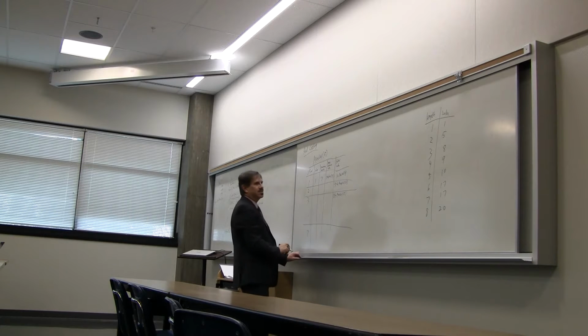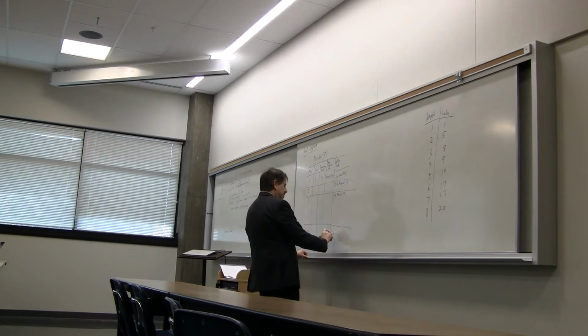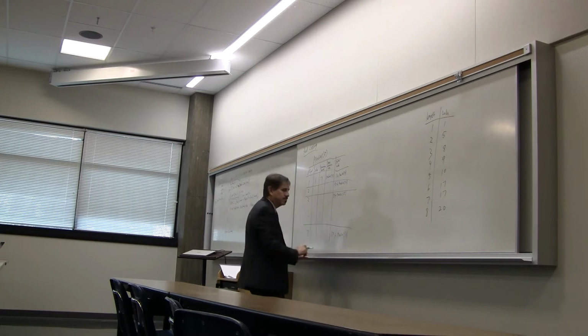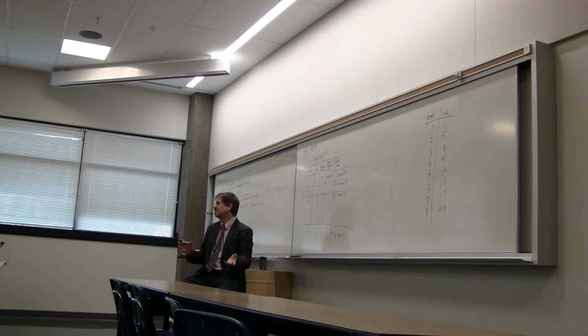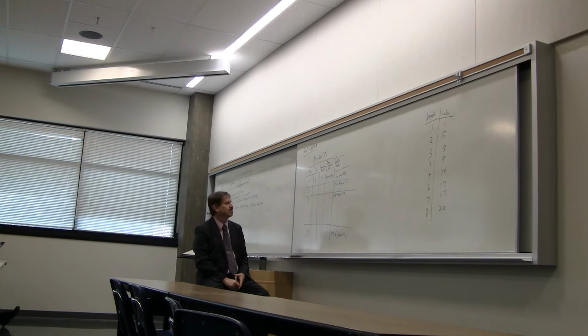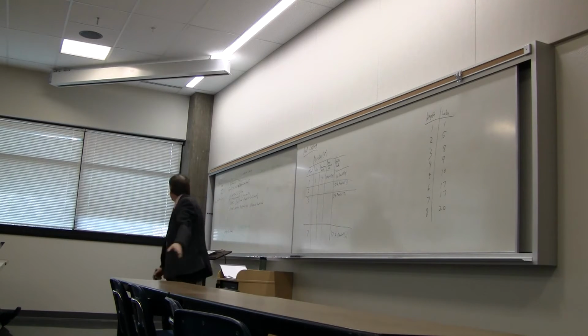So if your first cut is at 7 inches, you get $17 plus max val of 1. There are some symmetries in here, right? If you cut it into a 1 inch and a 7 inch piece, it should be the same as a 7 inch and a 1 inch piece. We're not really taking advantage of that in here. So this code looks almost exactly like that code, right?